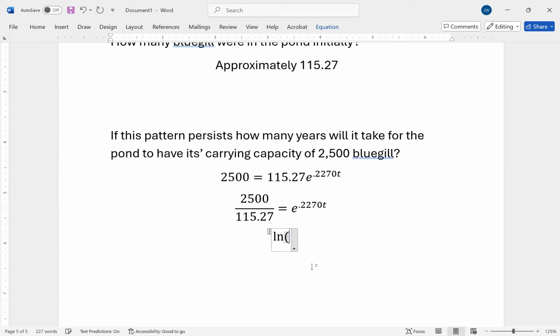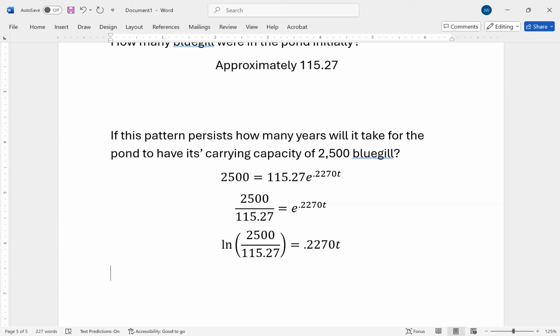I'm not going to write every step. If I take natural log of the left, I get natural log of that fraction. Natural log of the right cancels out with the e to the power and just gives me the power itself. And then I can take natural log of 2,500 divided by 115.27.